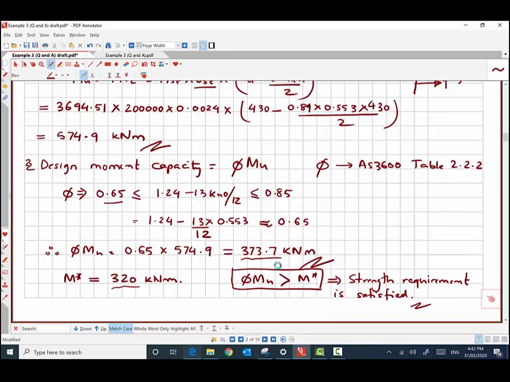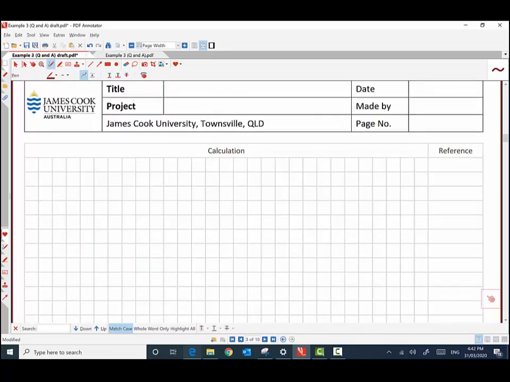However, one thing to note here is that it is a compression failure mode because the steel strain is not yielding, and we also found that KU is 0.553, which is greater than the balanced failure value of 0.545. We also saw, of course, that epsilon ST is less than epsilon SY.